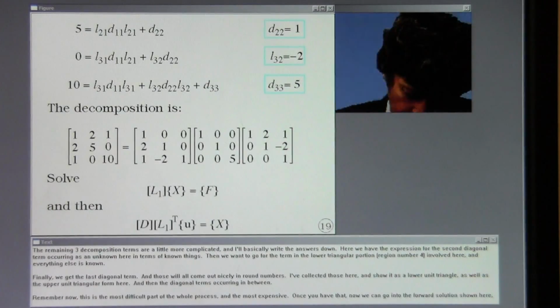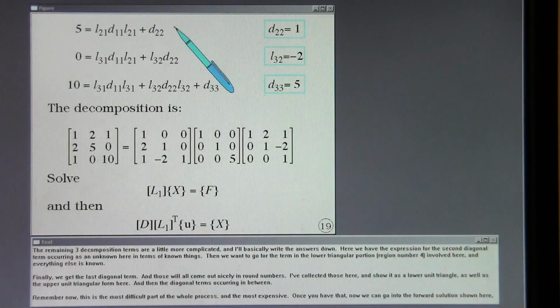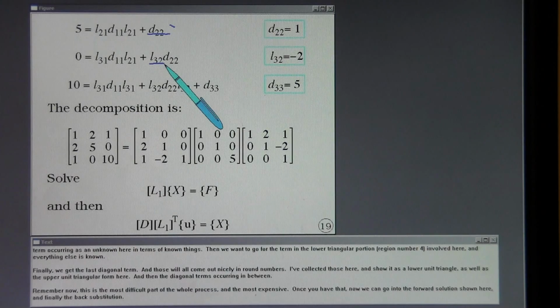The remaining 3 decomposition terms are a little more complicated, and I'll basically write the answers down. Here we have the expression for the second diagonal term occurring as an unknown here in terms of known things. Then we want to go for the term in the lower triangular portion, region number 4, involved here, and everything else is known.